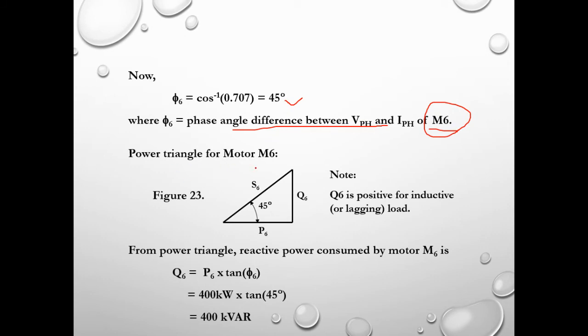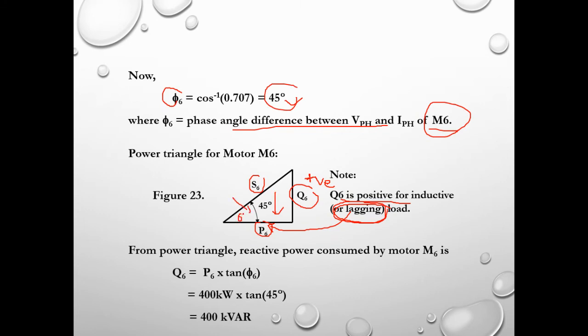Power triangle for M6 again, so you have to be careful with Q. Q is positive for inductive or lagging load. This is a lagging load, so make sure Q is positive. Lagging means P is located underneath S6. So P underneath S means Q is positive. And then put in the value of theta 6, which is 45 degrees, into this power triangle.